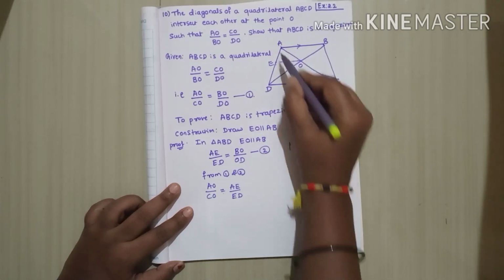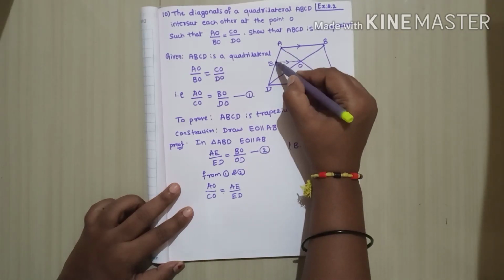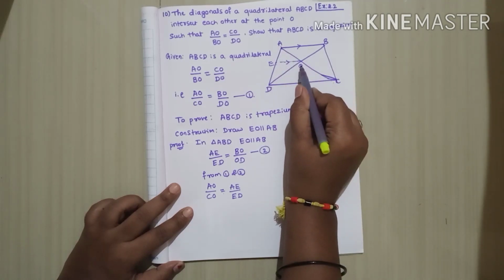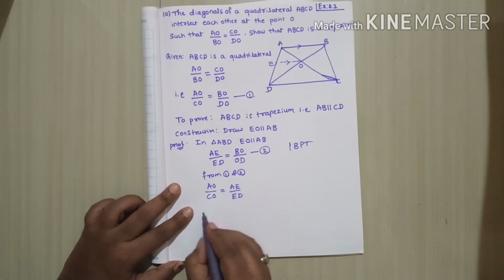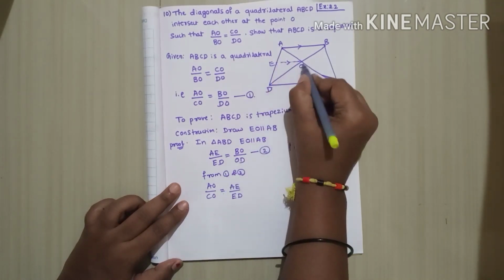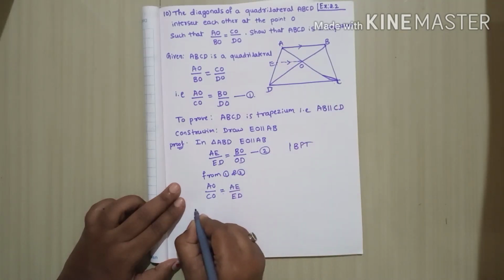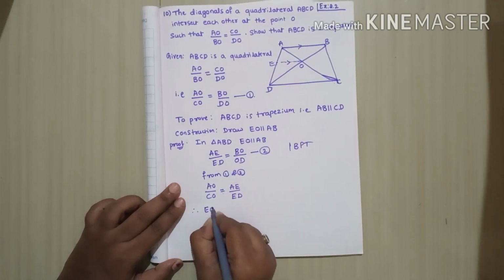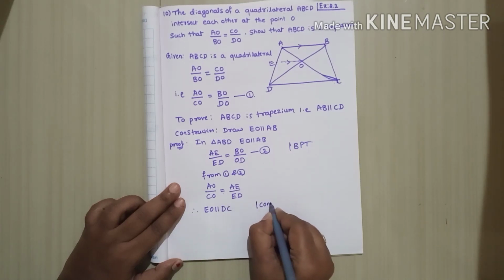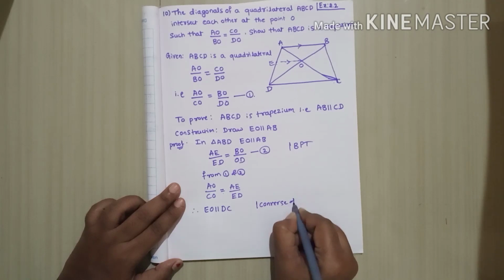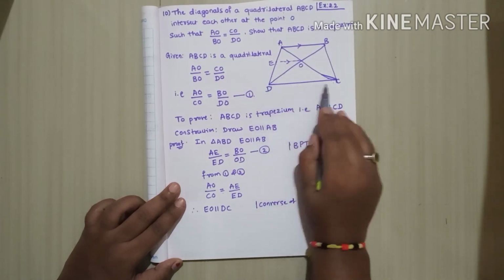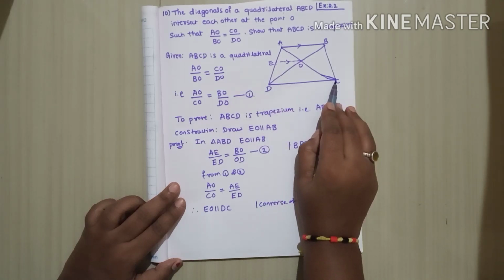So in triangle ADC, AE by ED is equal to AO by OC. We have this result. So what can we write here? EO is parallel to DC, we can write, no? Therefore, EO is parallel to DC by converse of basic proportionality theorem.